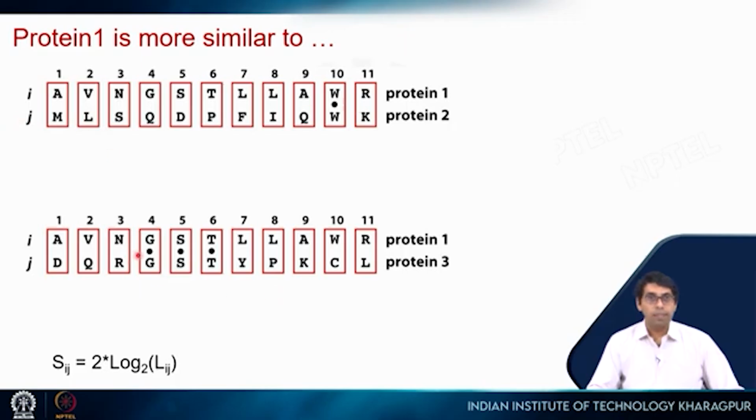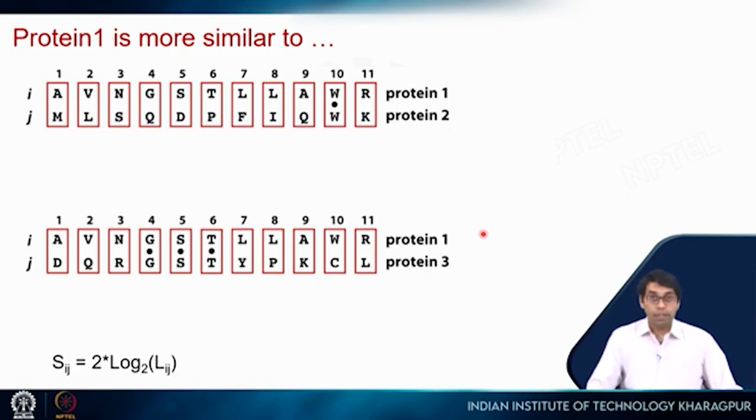And in this case, 3 amino acids are identical, everything else is different. If I go by sequence identity, only one is identical here and 3 are identical here. So based on identity, I will say protein 3 is more similar to protein 1 than protein 2.